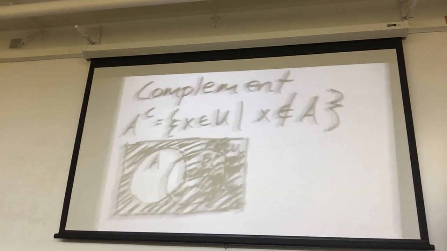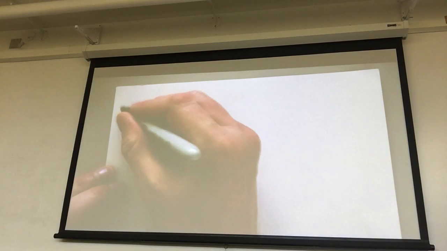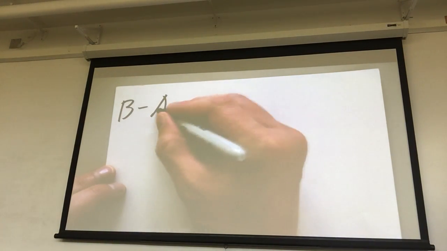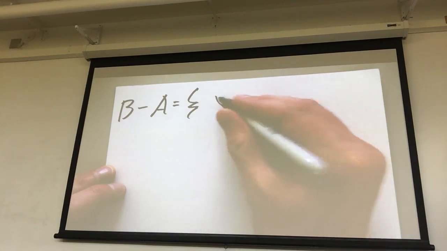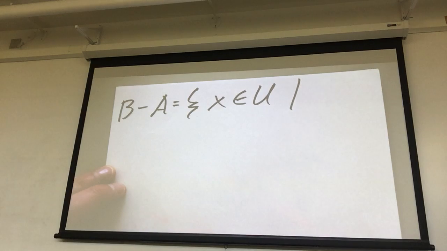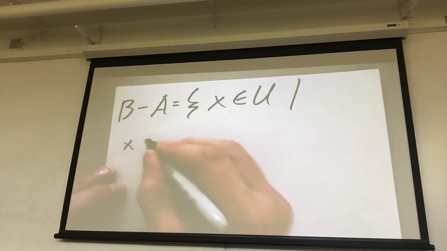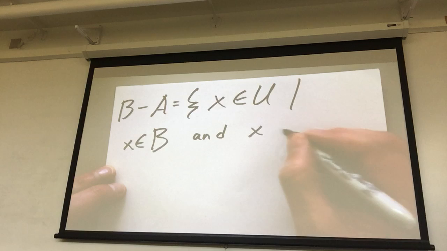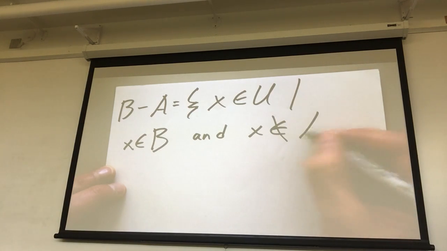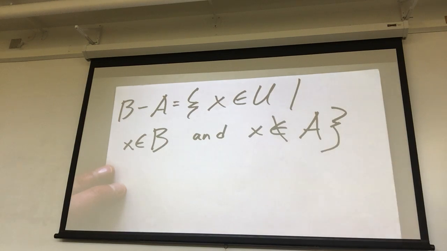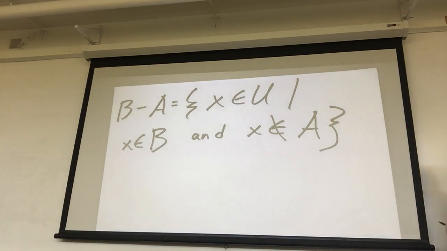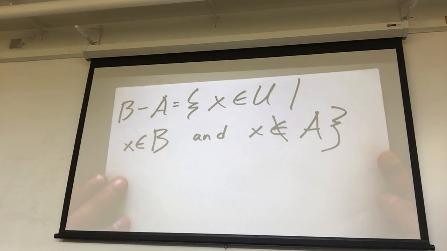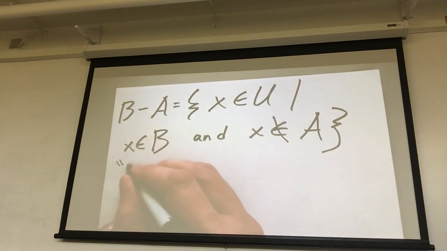Okay. And then there's the difference. B minus A, which would equal all X in U, such that X is in B. Oh, well, I guess I didn't write down, this is the difference.